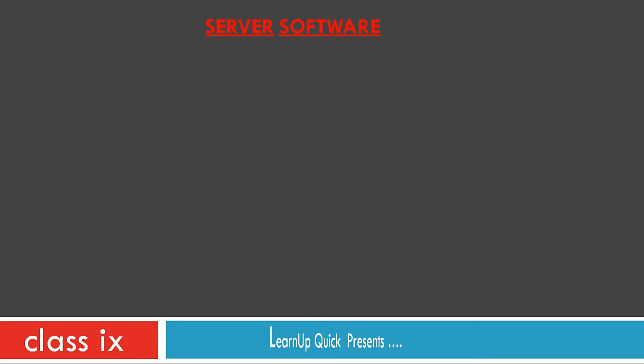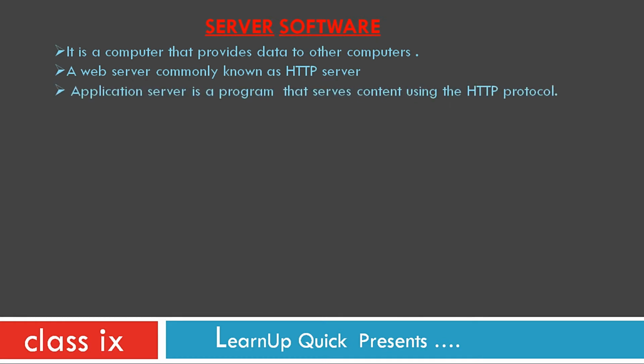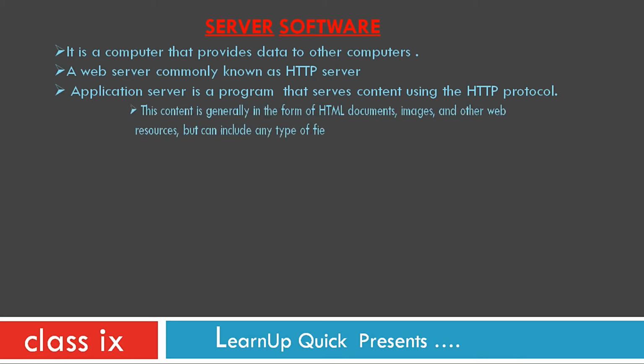Now, server software. What is server software? A web server, commonly known as an HTTP server, is a computer that provides data to other computers, or an application server is a program that serves a client using the HTTP protocol.